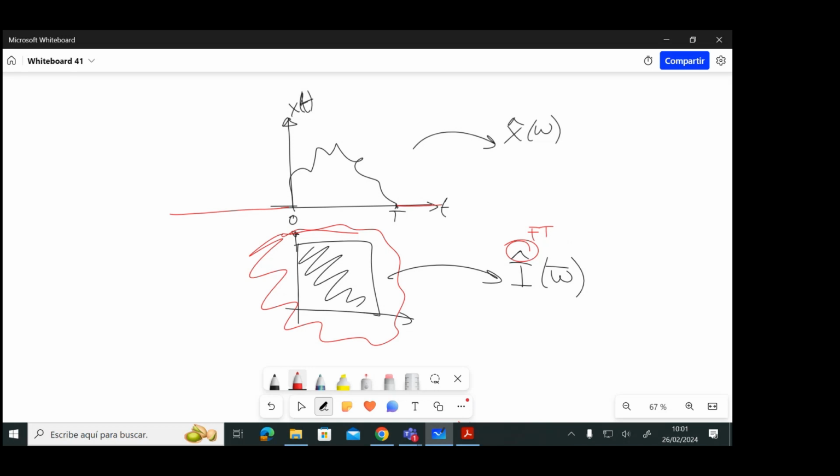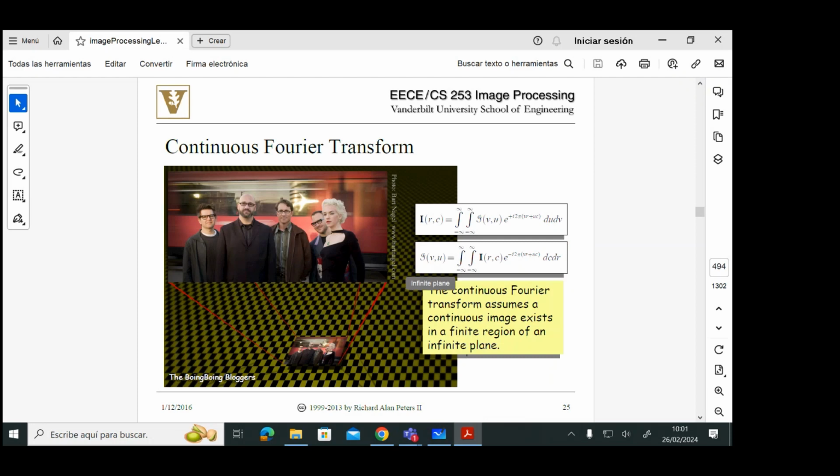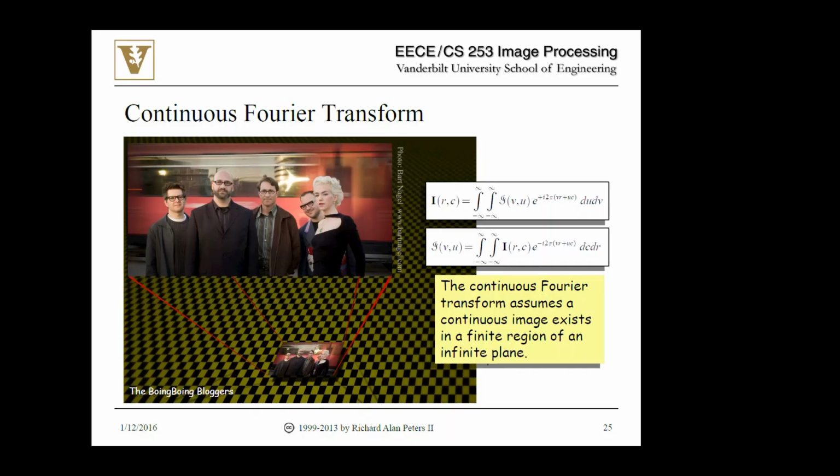Okay. So the continuous Fourier transform assumes a continuous image exists in a finite region of an infinite plane, and outside the image it is 0.